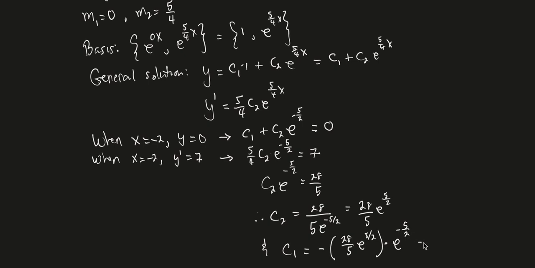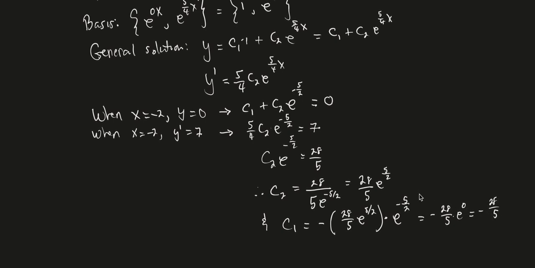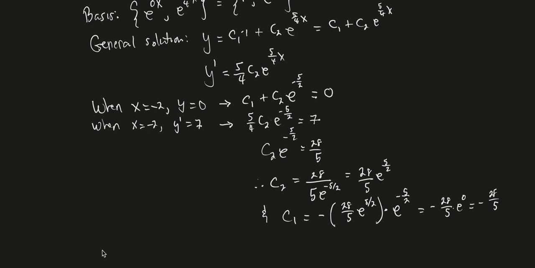When I multiply these two, because the bases are the same, I add the exponents, and I'm going to have e to the 0. So I end up getting negative 28 over 5 e to the 0, which is negative 28 over 5. So now I can write down what my particular solution is.